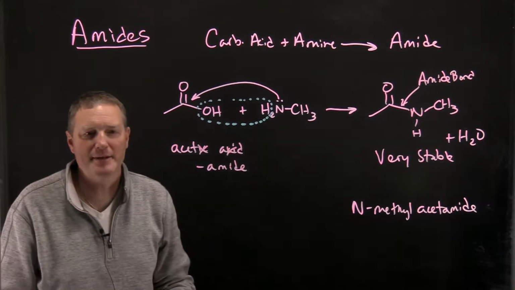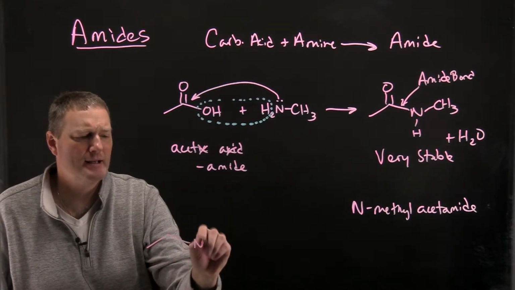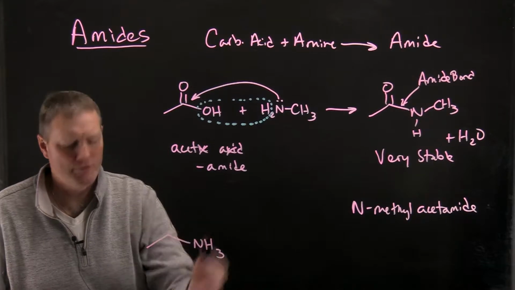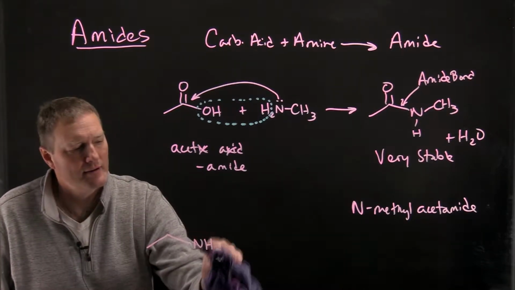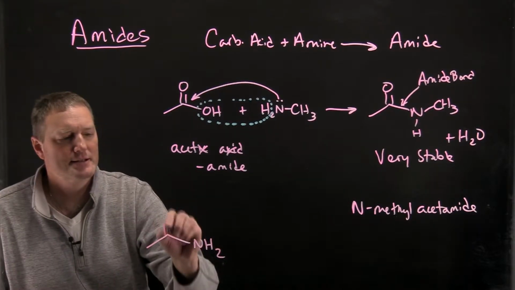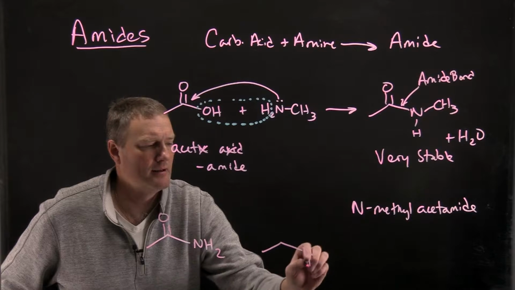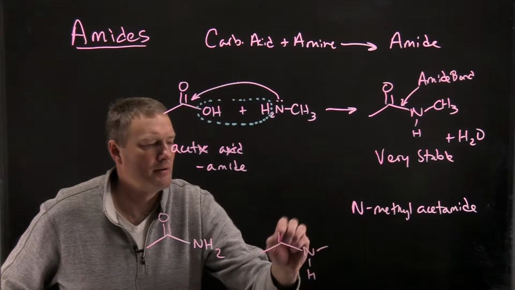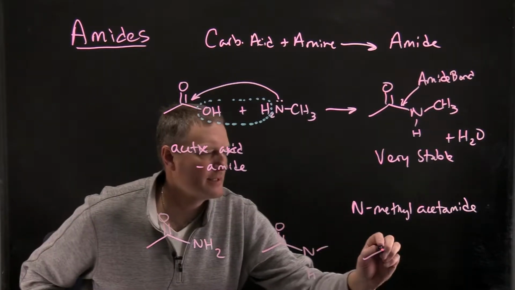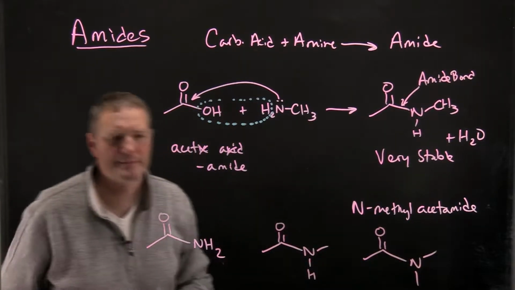Now it turns out that amides come also in 3 different flavors. Let's look at this version. Oops, not NH3. You typically don't protonate an amide like that. You would have this versus the one that I just made. And then lastly, I'll look at this amide with 2 methyl groups.